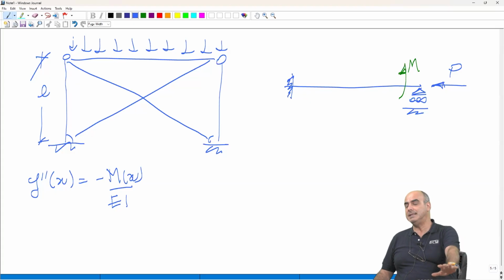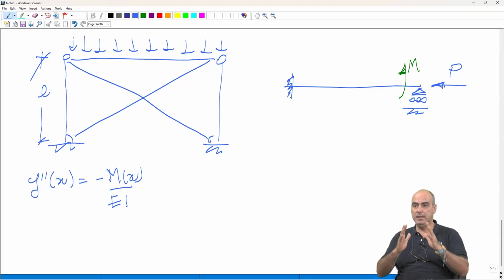What does this equation represent? It represents the link between the bending moment and the curvature. And actually, this is the result of the beam theory, but it's also an equation which contains the linear elastic behavior assumption. But we have said we keep the linear elastic behavior.